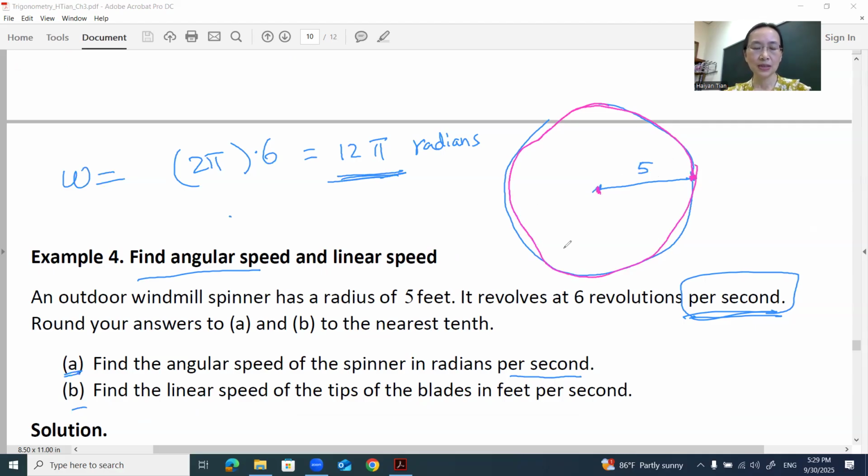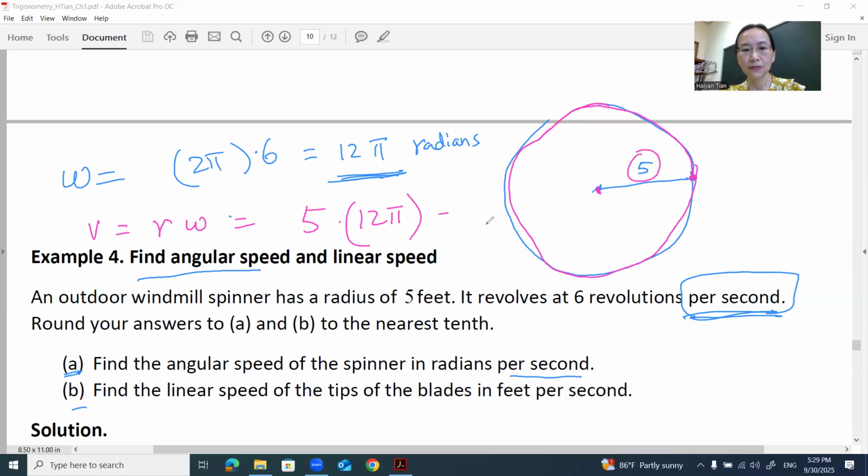So the linear speed, by the formula, is radius times omega. Omega is 12 pi radians per second, that's the angular speed, times radius. Do we know the radius? Radius is 5. Yes, 5 times the angular speed.